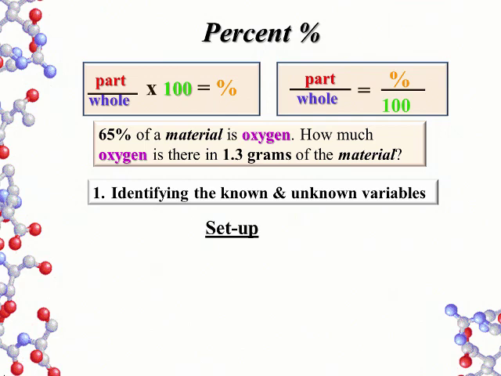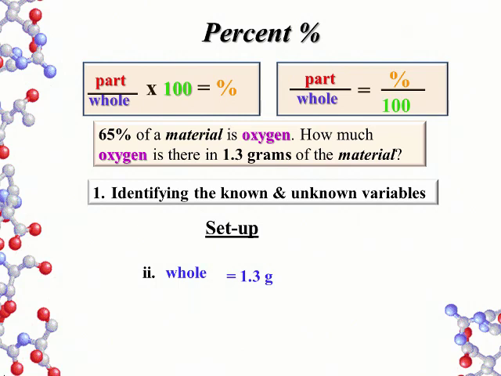Looking at the problem, we see that all of the material, the whole, is 1.3 grams. The other known variable is percent. It is 65. What we don't know is what part oxygen is of the whole. Our setup is complete.